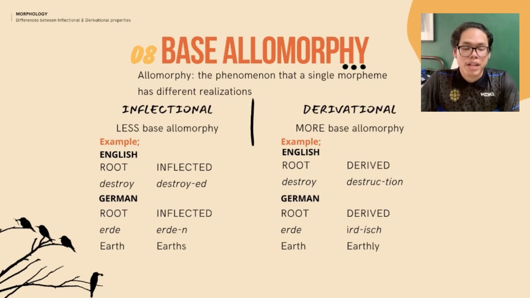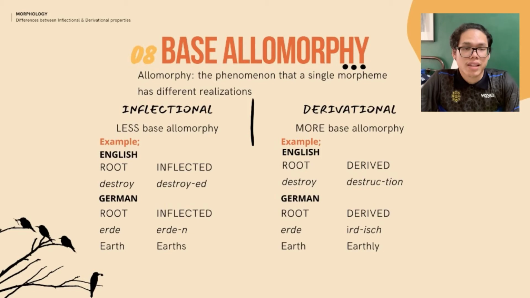In inflectional morphemes, in the English language, for example, the root word destroy, when inflected into past tense, we add ed, right? So it becomes destroyed. But as you can see here, the base is still using the same spelling. It does not change in spelling, right? It is still the same as the root. Next example, in German, the root word Erde means earth in English.